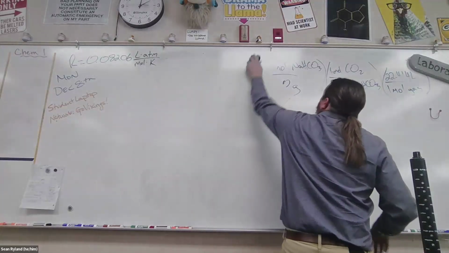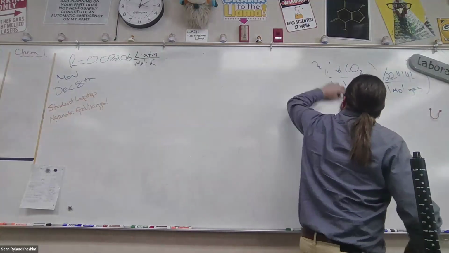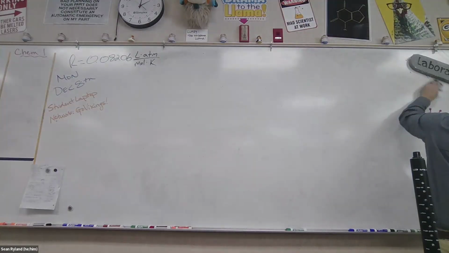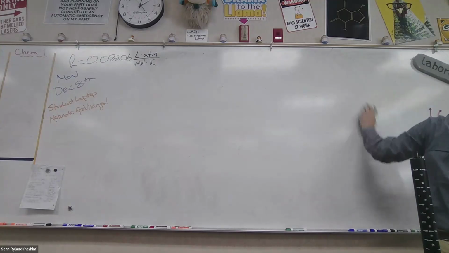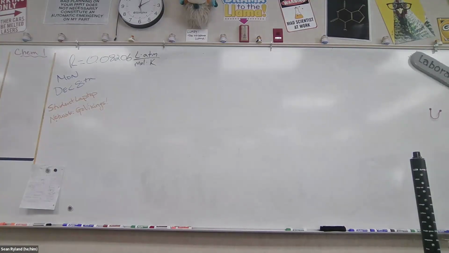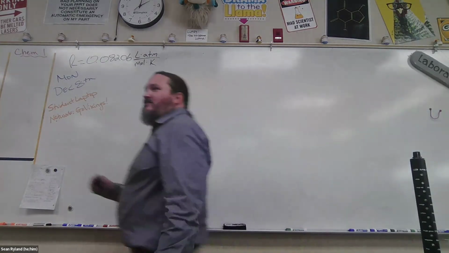This is a good review of how to do volume conversions, because you've got cubic feet, and in order to use the STP liters to moles conversion, we have to have it in liters. How do we get from cubic feet to liters?